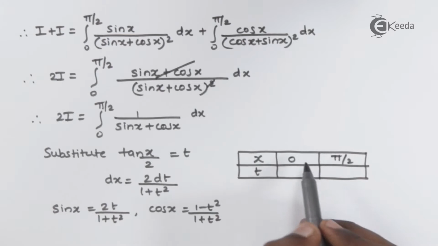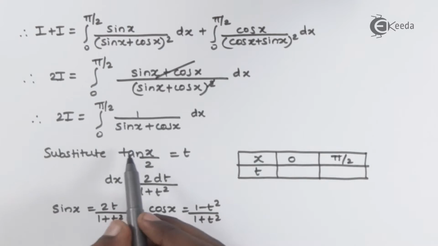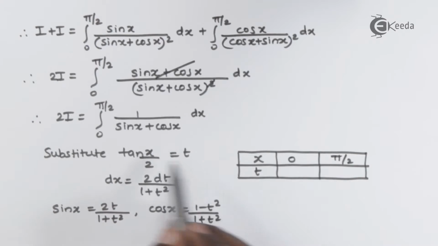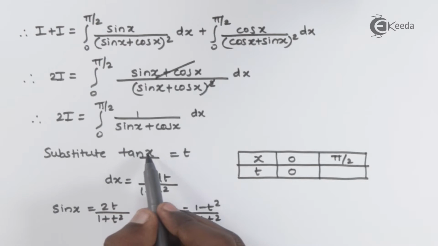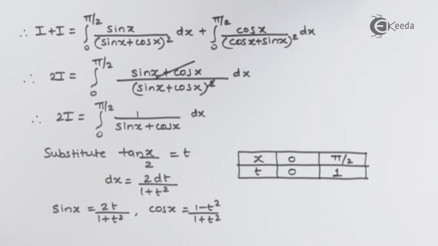The previous limits of x were 0 to pi by 2. If I substitute x as 0, this becomes tan 0, and the value of tan 0 is 0 only. But if I substitute x as pi by 2, pi by 2 upon 2 will give you pi by 4, and tan pi by 4 is 1. Therefore, the limits of t will be 0 and 1.